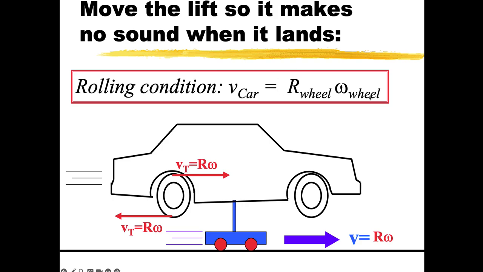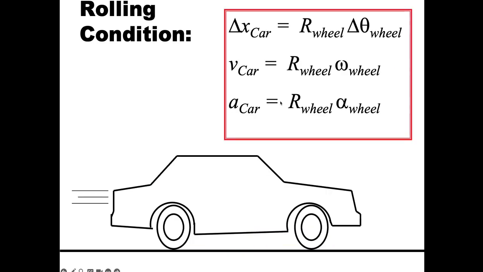This is how I get to thinking about what the wheel is doing to what the car is doing. Again, this is rolling without slipping. There's no slipping of the tire, no skidding, none of that. So for our rolling condition, the velocity of the car equals the radius of the wheel times omega, but I can apply that across the board.